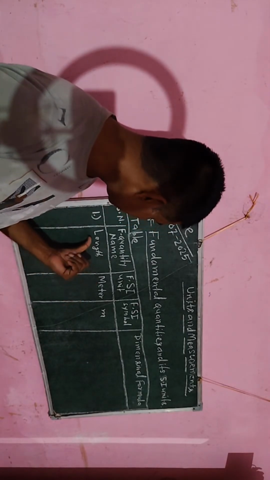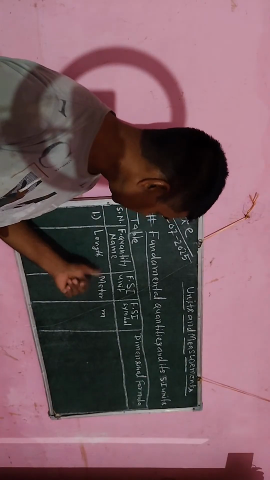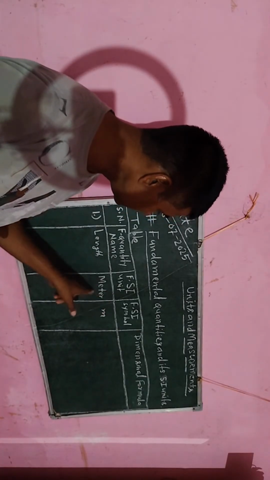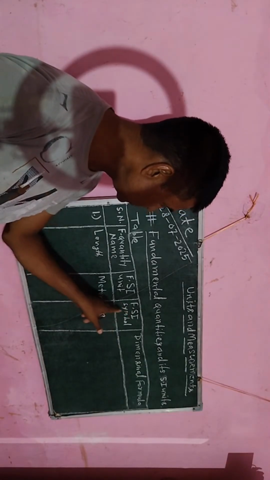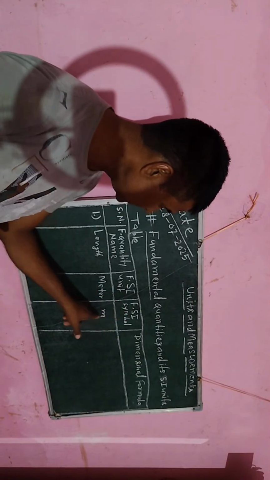Now here length has the SI unit meter, and its symbol is the fundamental SI symbol, small m.